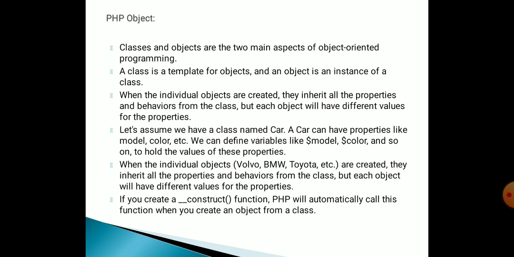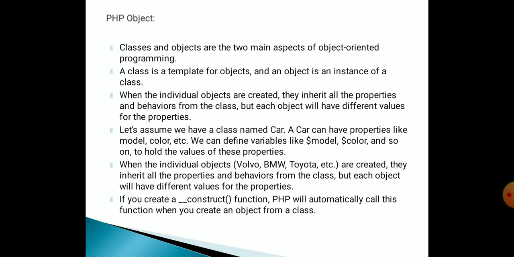Let's assume we have a class named Car. A car can have properties like model, color, etc. We can define variables like model, color, and so on to hold the values of these properties.